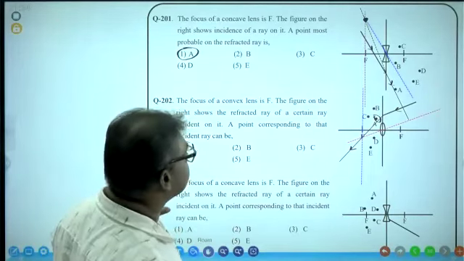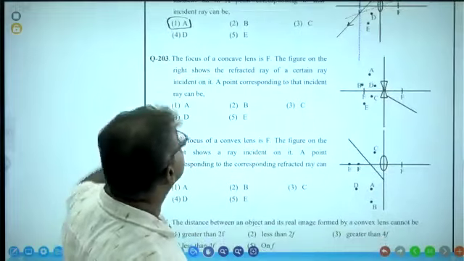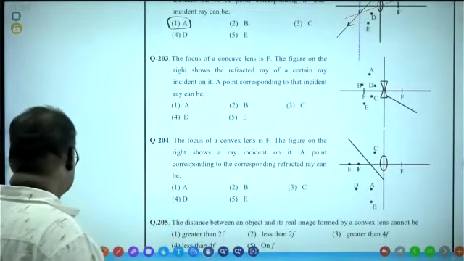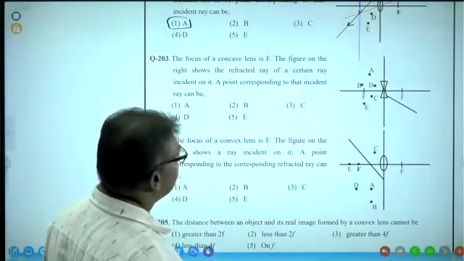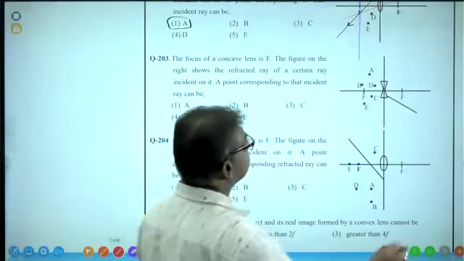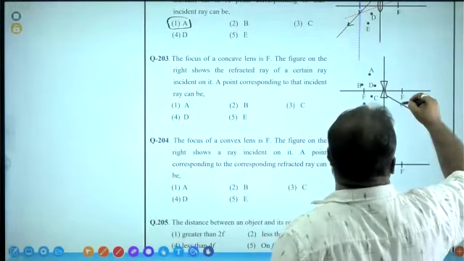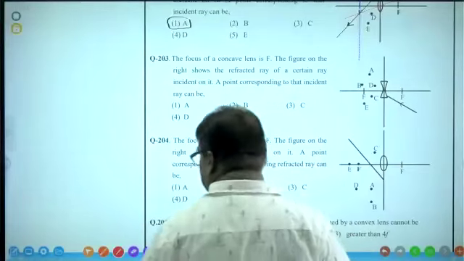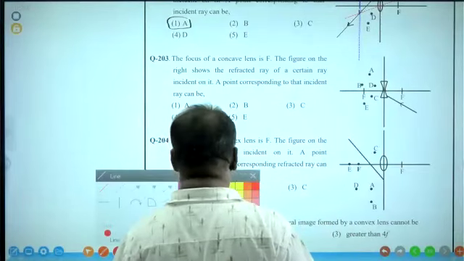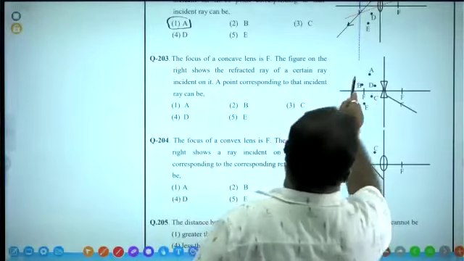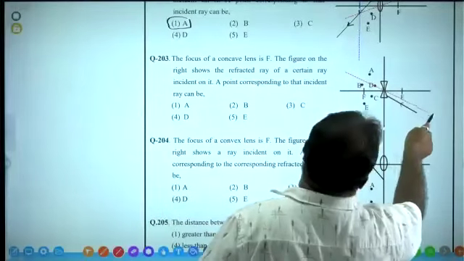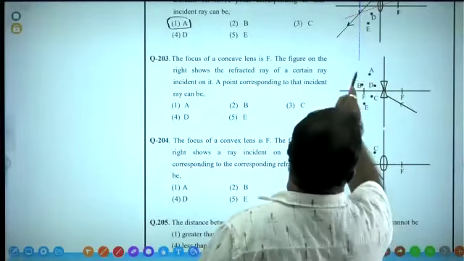203. Again, we have a diverging lens. The light ray going like this.